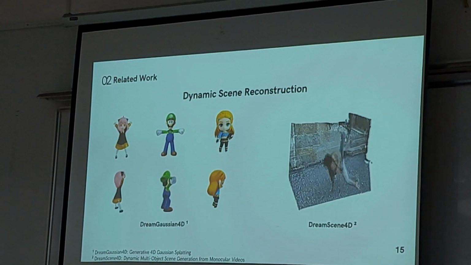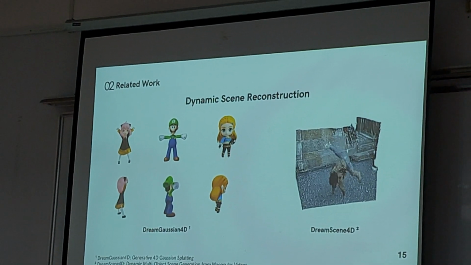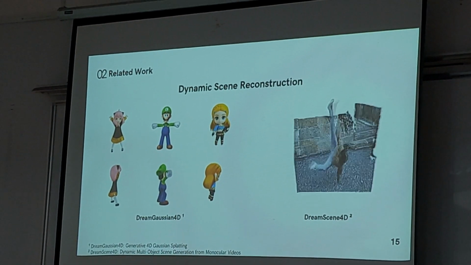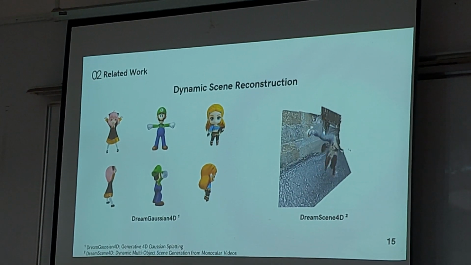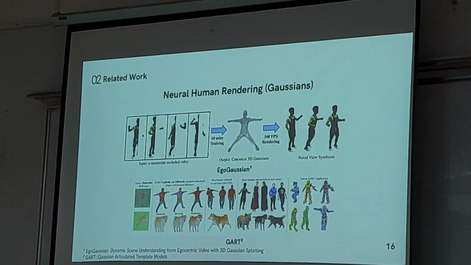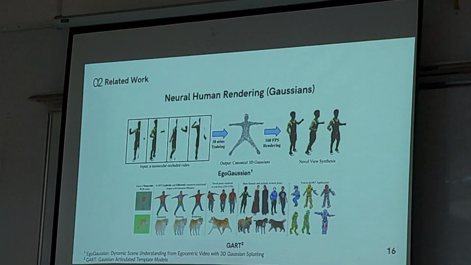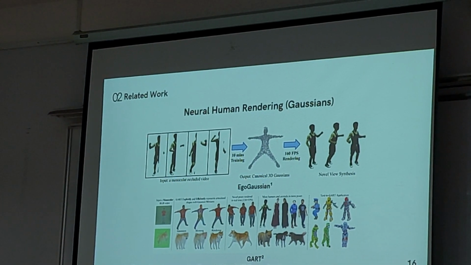For dynamic scene reconstruction, this is a task to reconstruct a scene that may change over time, and this requires tracking the motions and the deformation of the objects. About neural human rendering, this is a reconstruction task again, but it is specialized on human geometry and the particular motion of a human.